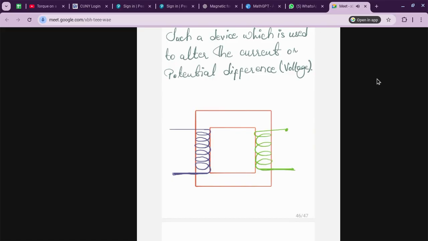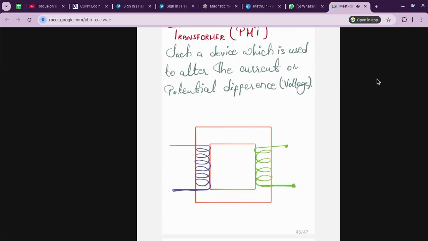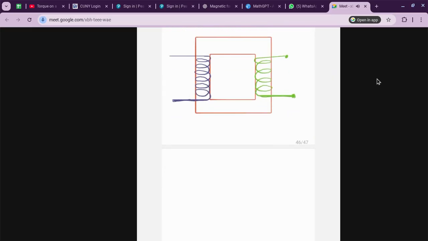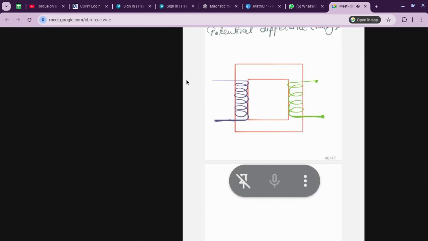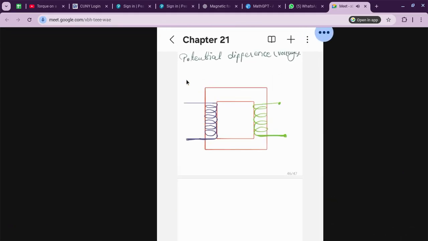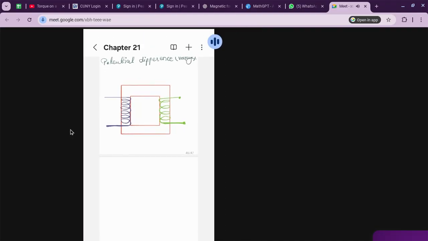Actually, the electricity is produced by the grid station, and from the grid station to our houses there is a great distance, and we know that the larger the distance, the more losses we have to bear. The loss of electricity is way too high as the distance increases.